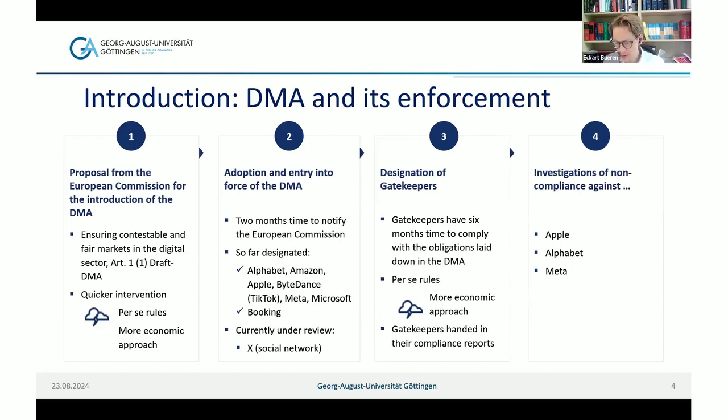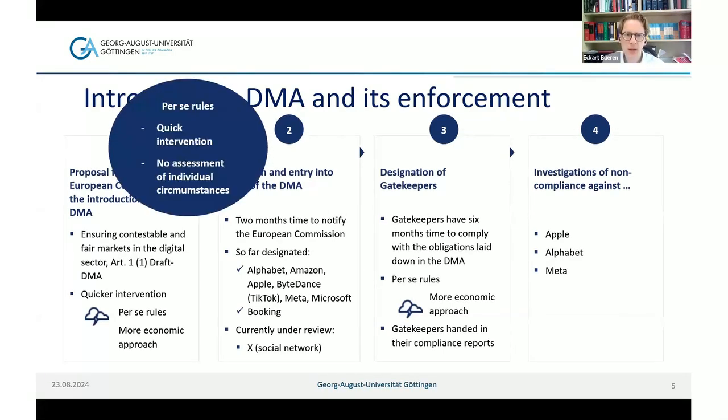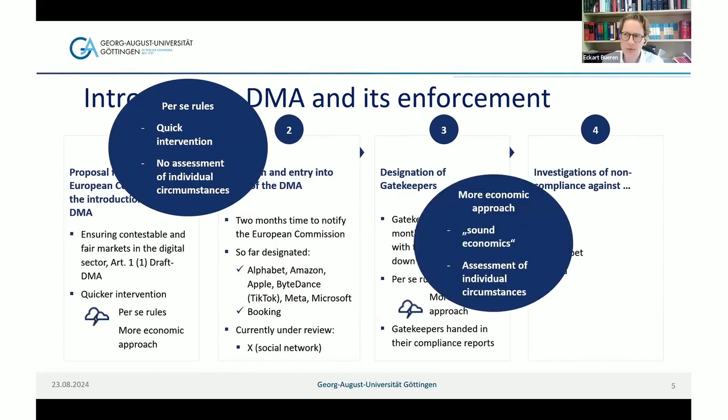As I said, the DMA is a deliberate departure from standard abuse of dominance proceedings, enforcement in competition law. It stresses per se rules, and it wants to have less assessment of individual circumstances to make enforcement quicker and therefore more effective. And of course, there's a flip side of this approach.